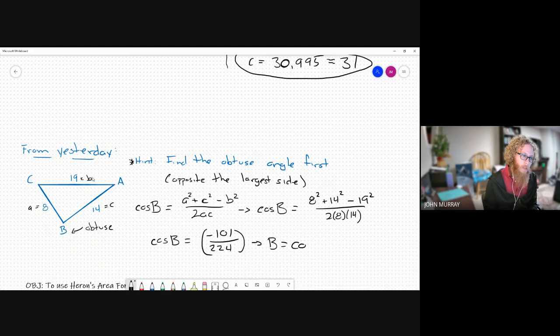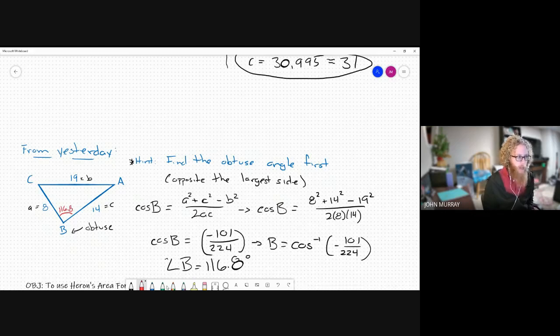So angle B is going to be the inverse cosine of that fraction. And now we get angle B is equal to 116.8 degrees. And that's where we were encountering our problem yesterday.